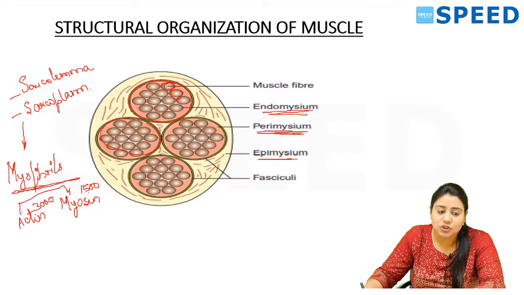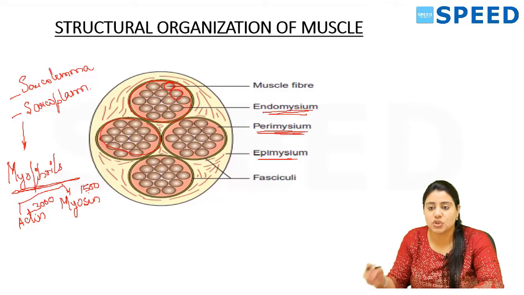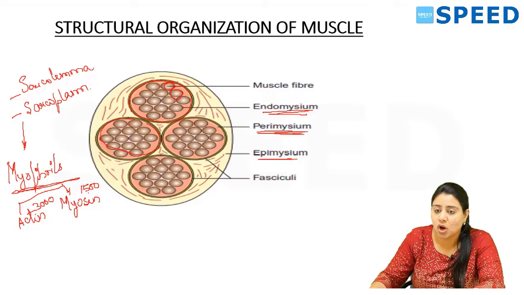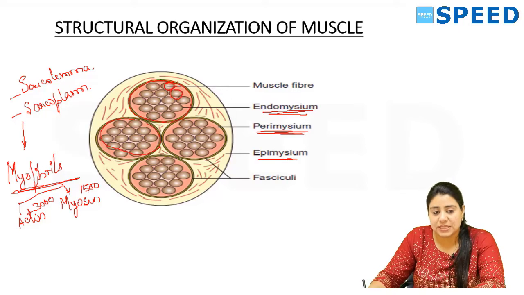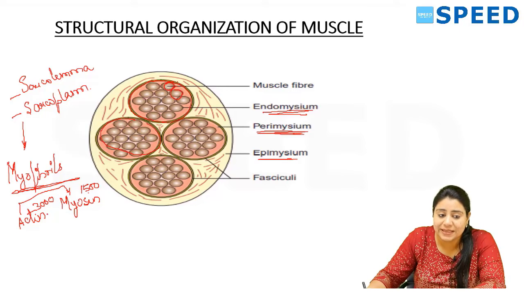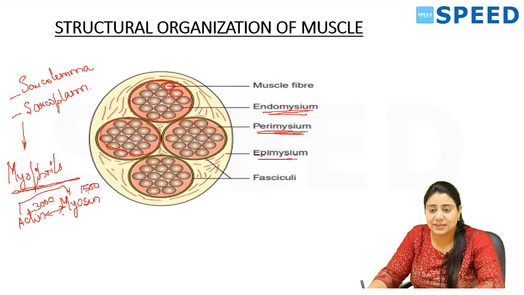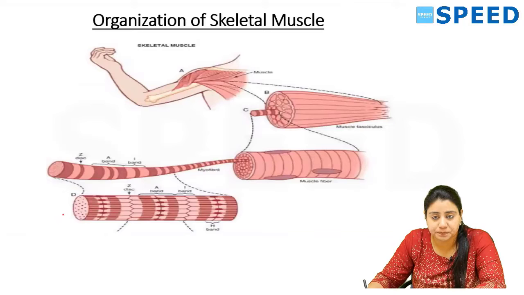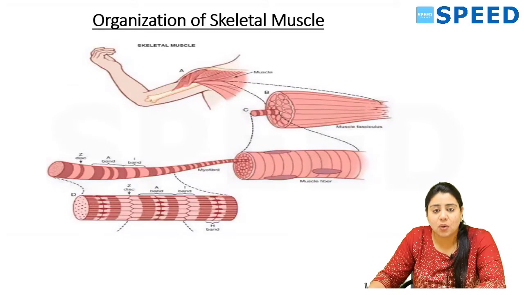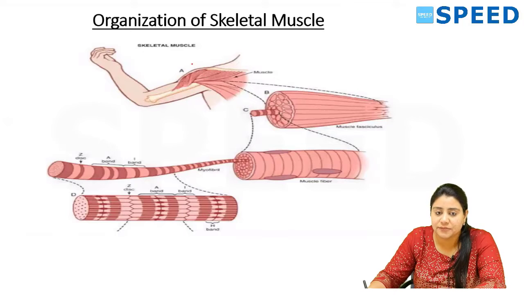These are the basic units of the contractile machinery of the cell. It is the interaction between these two that brings about skeletal muscle contraction. So let's see how these myofibrils are arranged in a skeletal muscle fiber.